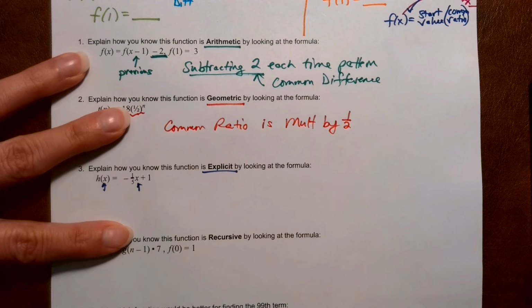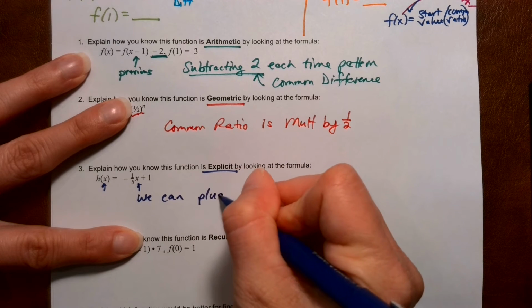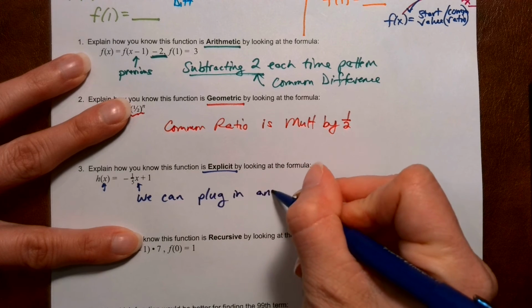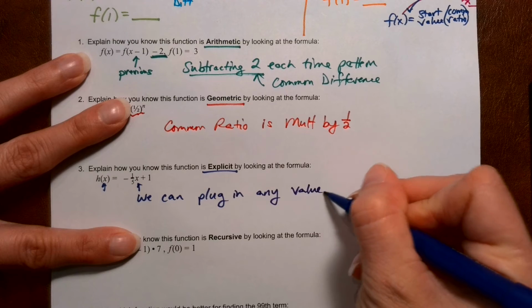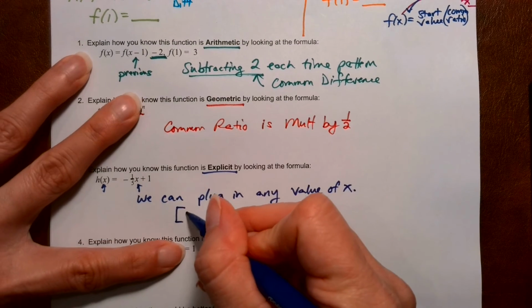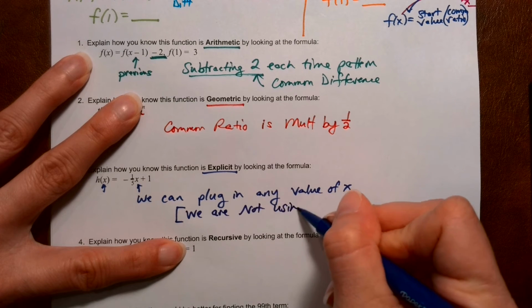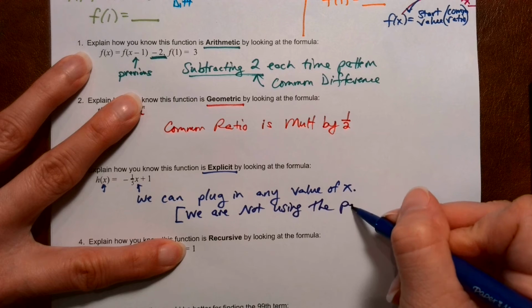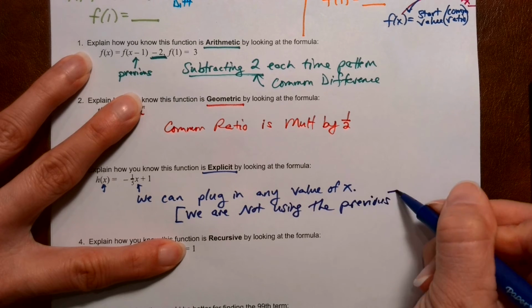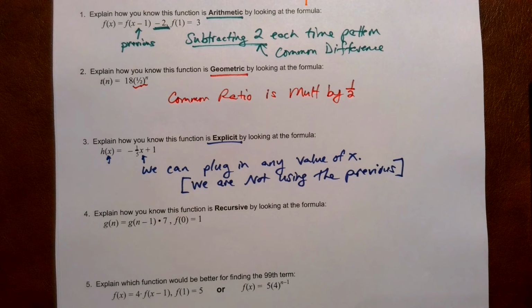So I know it's explicit because we can plug in any value of x. And I'm also going to add here in brackets, we are not using the previous. We can plug in any value of x. That's what makes it explicit.